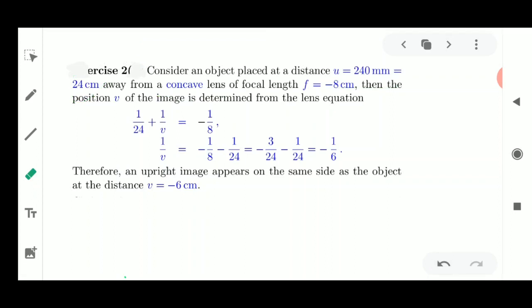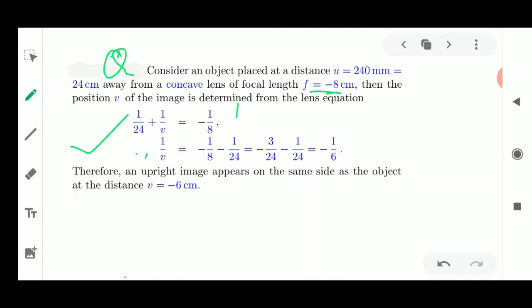Next, you need to determine the value of v. Again you use the lens formula and substitute all the values. 1 by u is 1 by 24, plus 1 by v, which we don't know, is equal to 1 by f. 1 by f is given with a minus sign, that is minus 1 by 8.